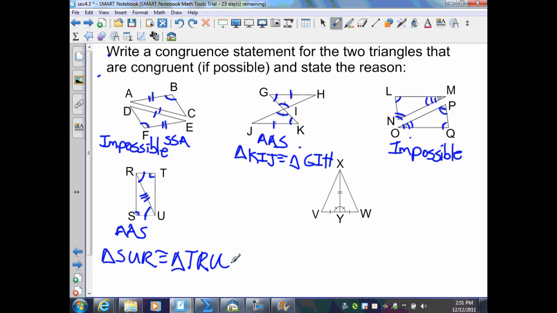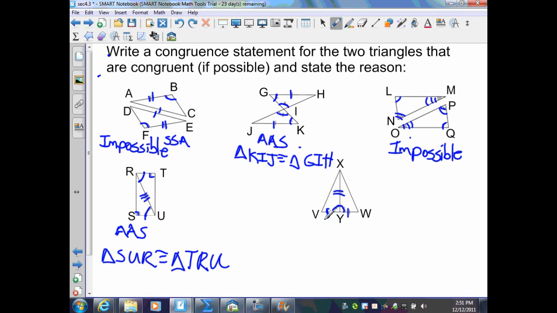Our last example, I'm given congruent angles represented by the single arc, which is XYV and angle XYW. I know that YV is congruent to YW by the single tick, and I know that XY is represented in both triangles, and therefore it's congruent to itself by the reflexive property.